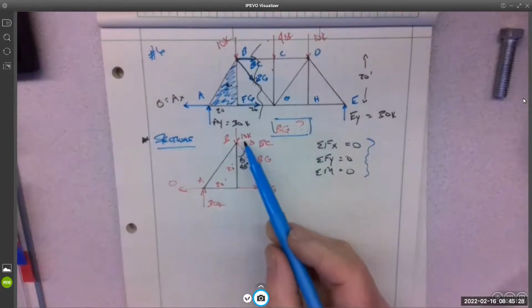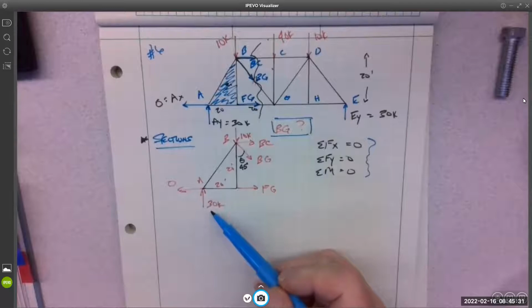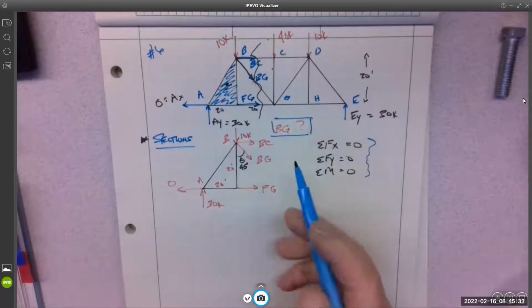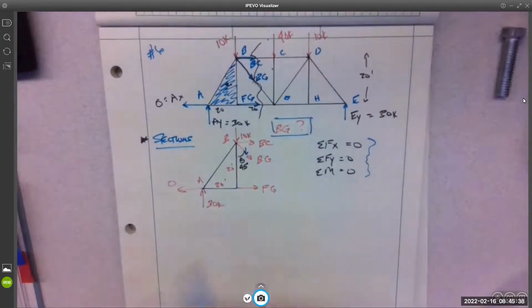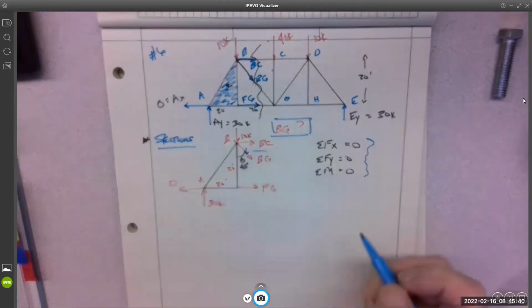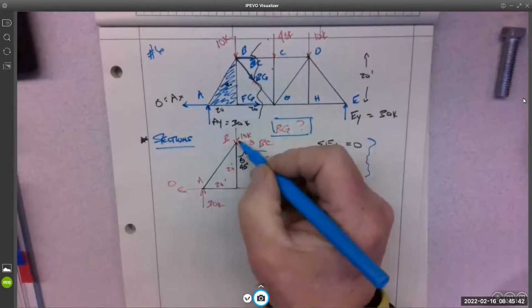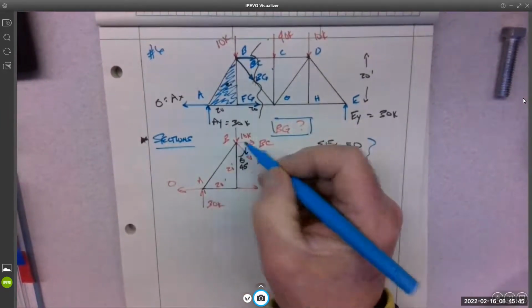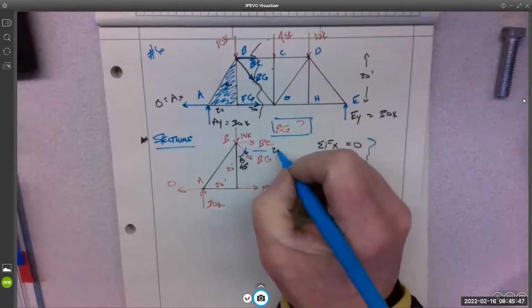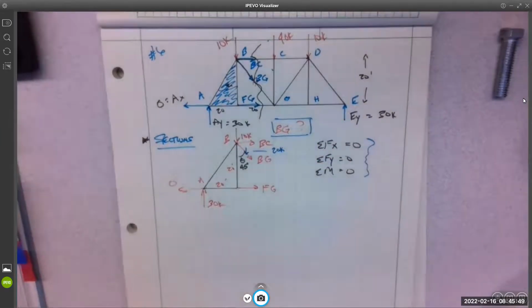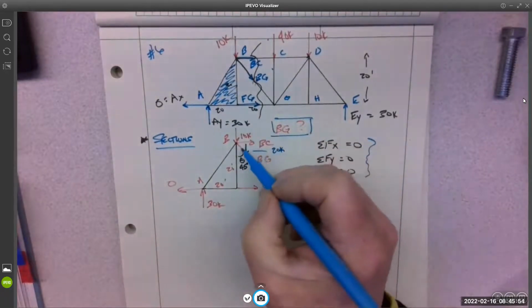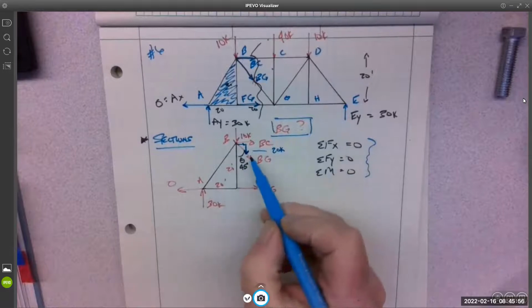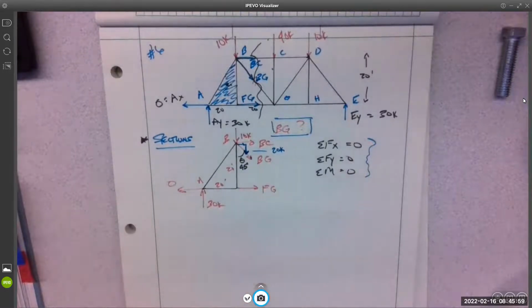Yep, we have 10, and we have 30, and the only other one is the Y component of BG. Excellent. So that Y component of BG is equal to, we got 30 up, we got 10 down, 20K down, correct? That puts it in equilibrium. So that tells me that if that's down, this has got to go down. BG is in tension for sure.